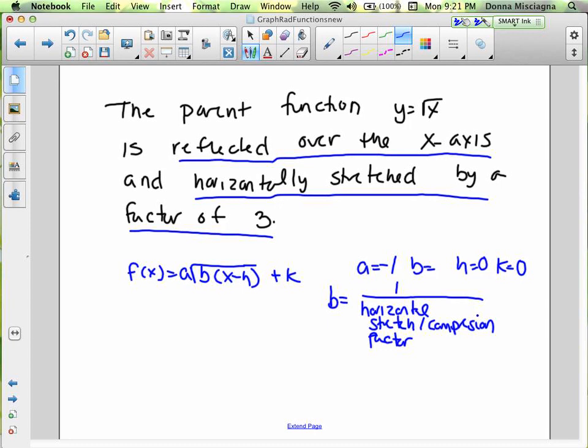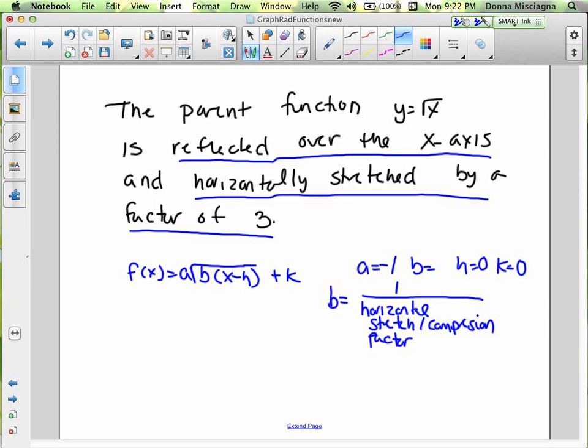If I take a number and multiply it by a number greater than 1, of course it gets bigger. And if I multiply it by something between 0 and 1, of course it's going to get smaller. But if it's inside that radical, so now I'm taking the square root of b times x to get to some value, if my b is greater than 1, it's going to end up being a horizontal compression because I'm going to get to each value faster, because x is growing, not y.